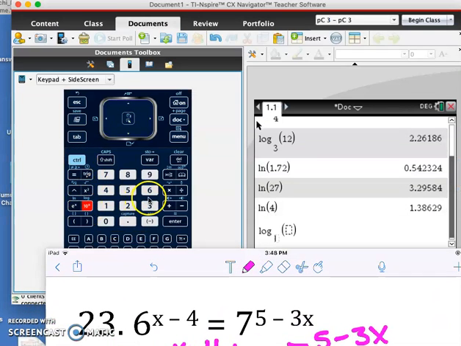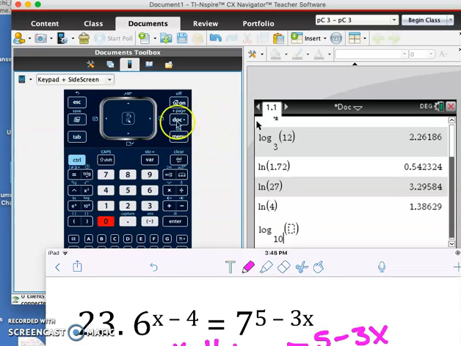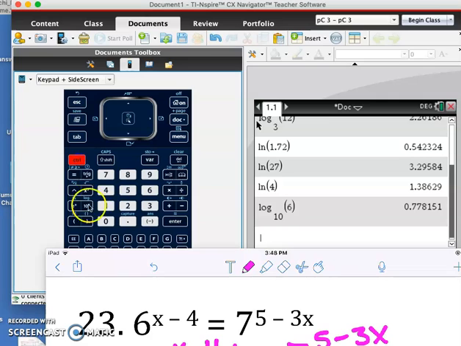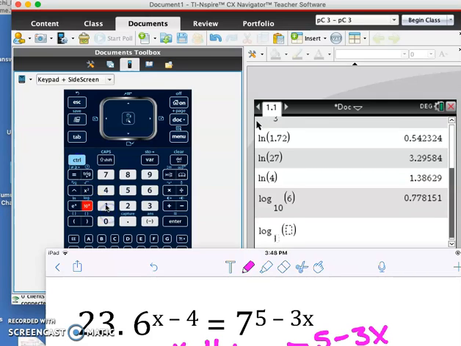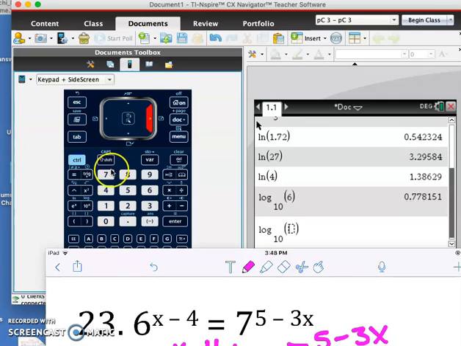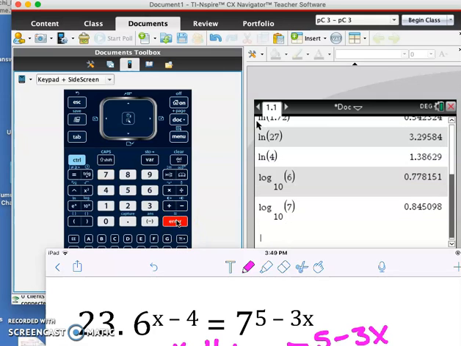So log base 10 of 6, log base 10 of 7. So we have 0.778. And then we have log 7 of 0.854.